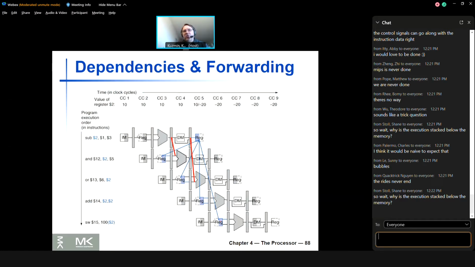There are five instructions, and the first instruction writes to register 2, and the remaining four instructions all read from it. So there are four lines that indicate dependency, from the first instruction to each of the other four.